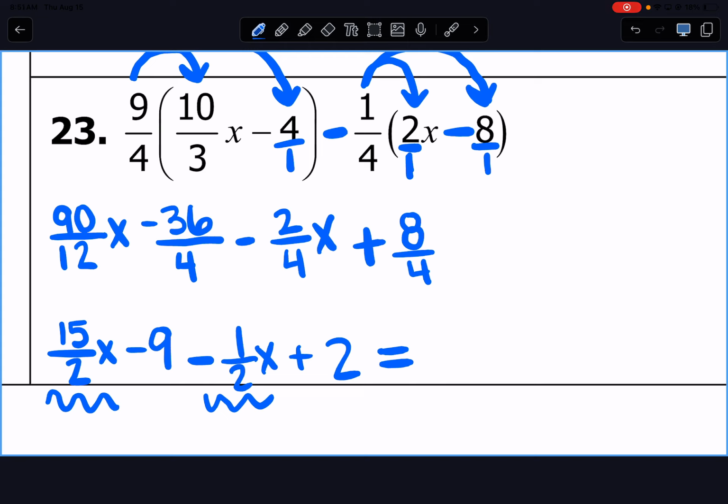Okay, so what is 15/2 minus 1/2? 14/2. So we get 14/2, which, do you want to go ahead and simplify 14/2? What is that? So we get 7x. Then can I do negative 9 and 2? What does that give me? That's our answer.